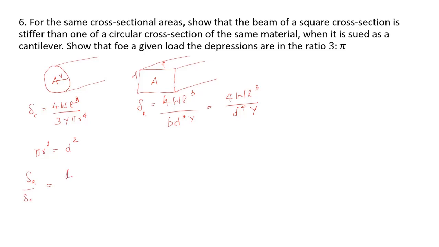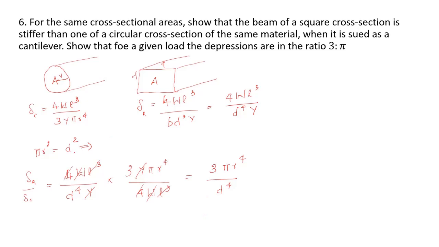We have 4W L cube divided by d to the power 4 Y into, taking the reciprocal of c, 3Y pi r to the power 4 divided by 4W L cube. Cancelling out all the similar quantities, this becomes 3 pi r to the power 4 divided by d to the power 4.